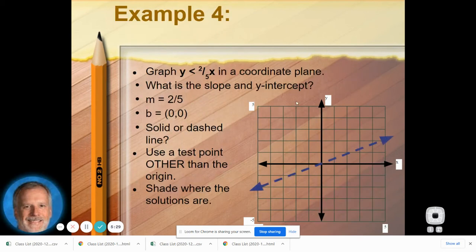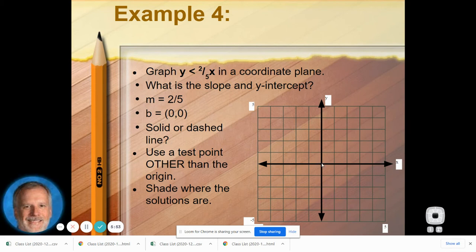And I want to look at this last problem here, problem number 4. Here I'm going to graph y is less than 2/5 x. Okay, now I don't have a y-intercept because it's y is less than 2/5 x plus, and there's nothing there.